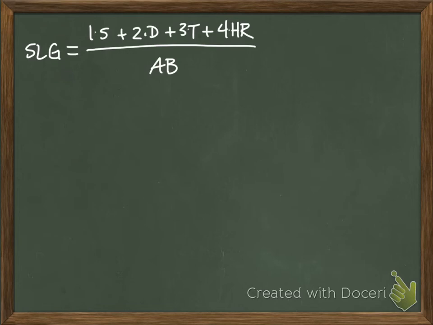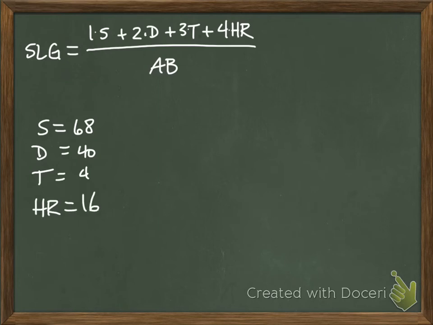So let's say Bob is playing baseball with his friends, and he has 68 singles. He has 40 doubles. He only has 4 triples, but then he got 16 home runs. And he was at bat 320 times.